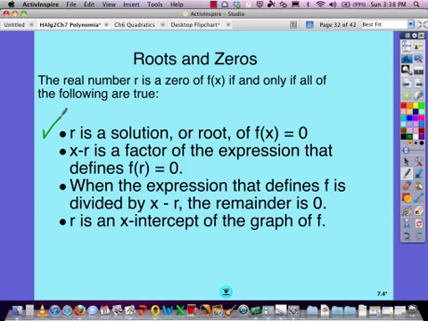So that means when you rewrite it, r is your root. When the expression that defines your function f is divided by x minus r, the remainder has to be 0, which means it goes into it evenly, nothing left over. And last but not least, r is an x-intercept of the graph of f.